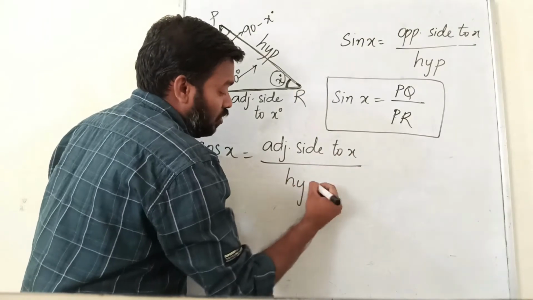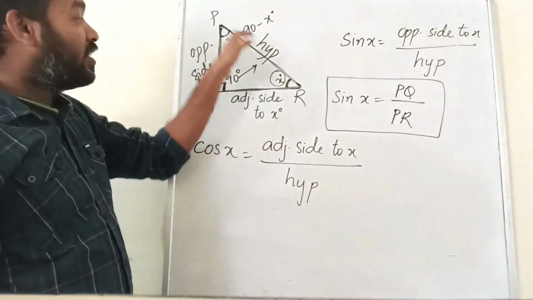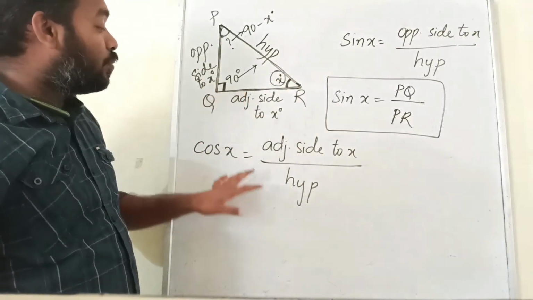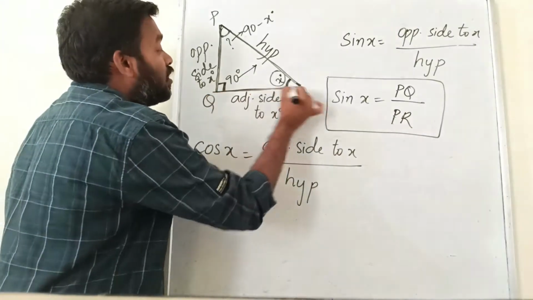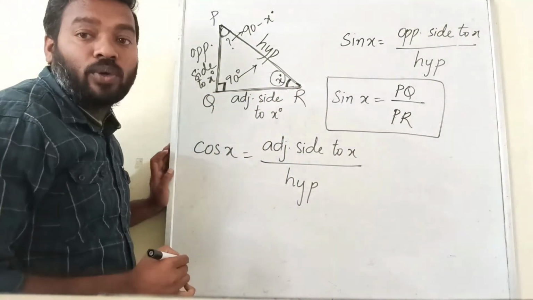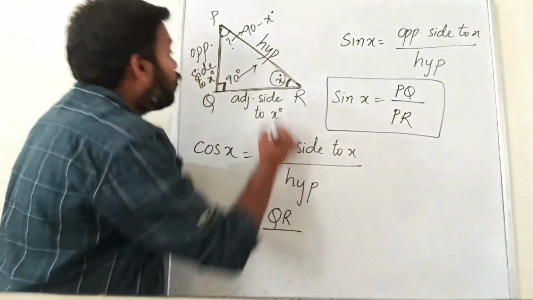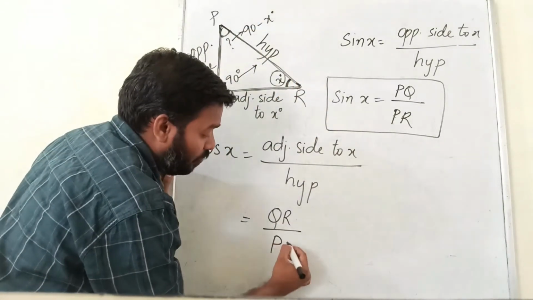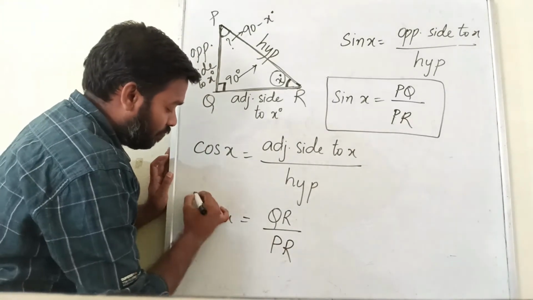Already we have determined what is the adjacent side to x and what is the hypotenuse. Those sides should be taken here. What is the adjacent side to x? QR. By what is hypotenuse? PR. QR by PR. That is cos x.